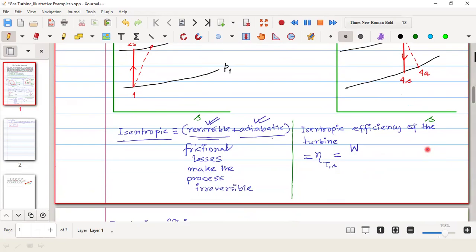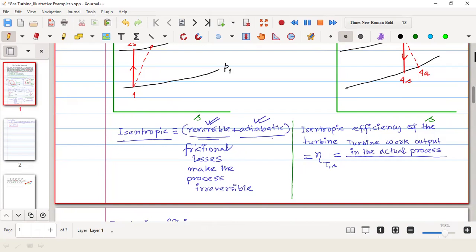So this is basically W. It is defined as the turbine work output in actual process divided by turbine work output in the isentropic process.